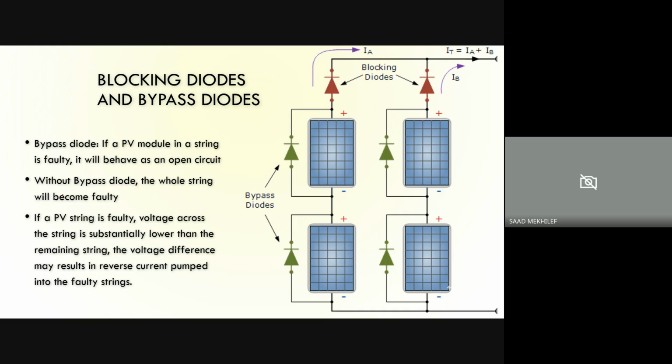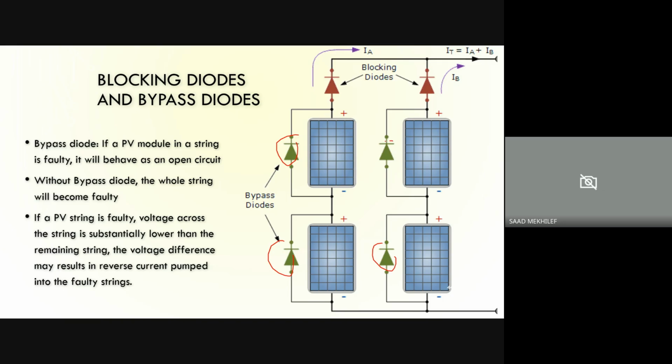Yesterday, I think there was one question on the bypass diodes. This picture actually shows an ideal case, so we don't have one diode per panel. We call them bypass diodes.